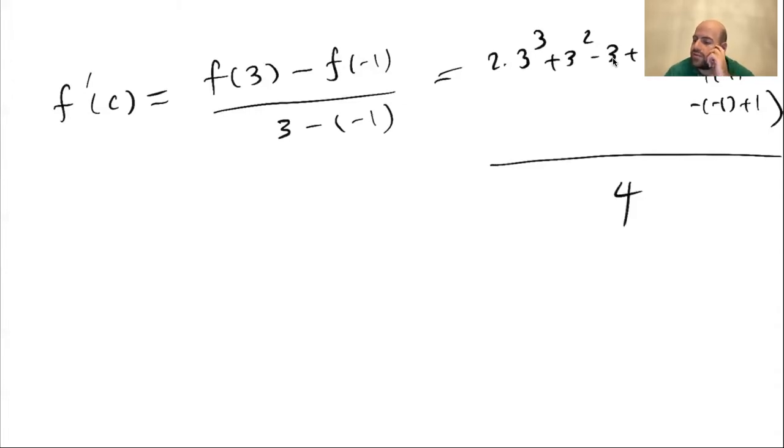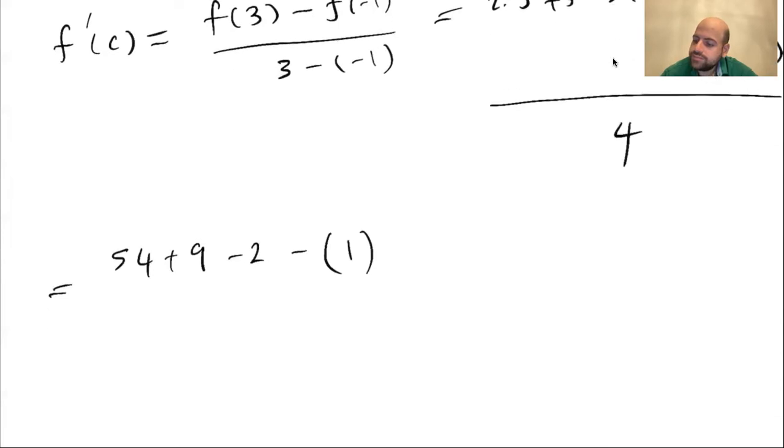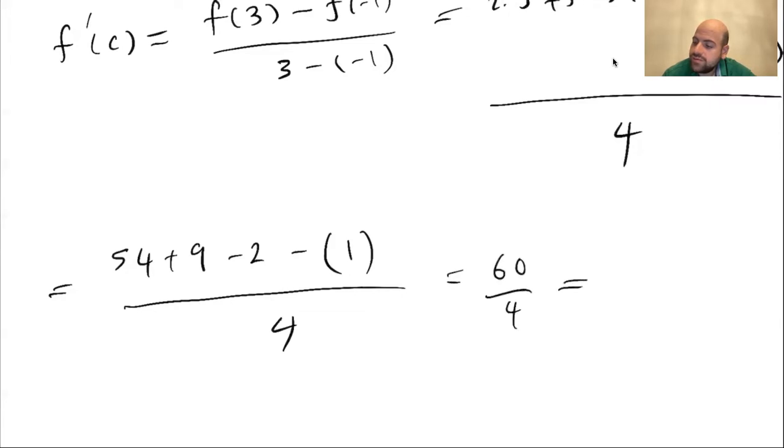3 minus -1 is 4. And then this is 27 times 2, 54, plus 9 minus 3 plus 1, minus, inside the bracket, -2 plus 1 plus 1 plus 1, so plus 1, divided by 4, and the answer will be 60 over 4, which is 15.